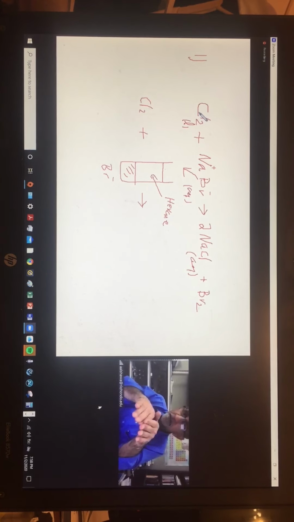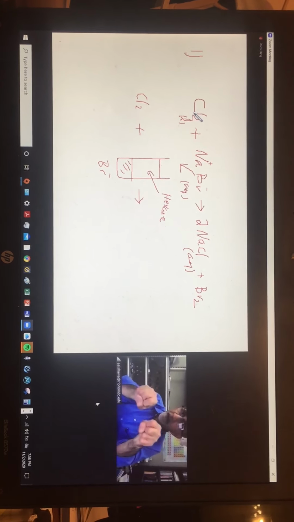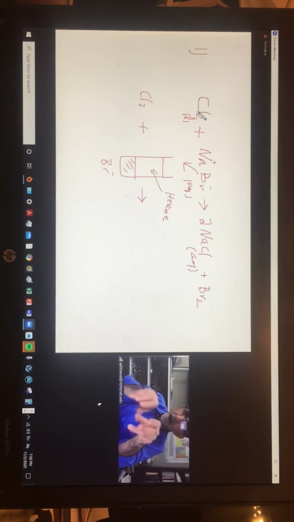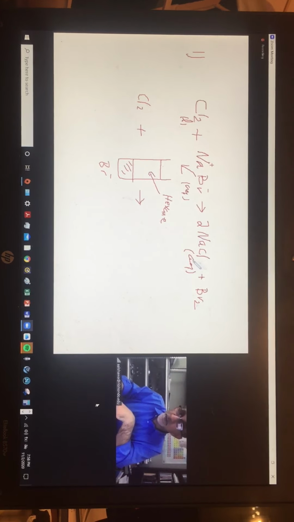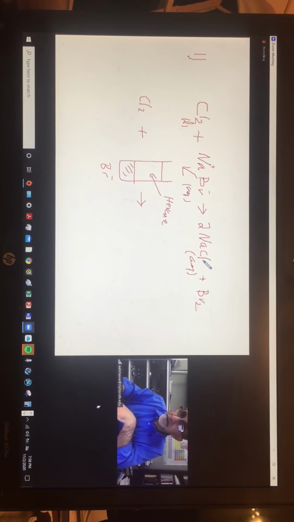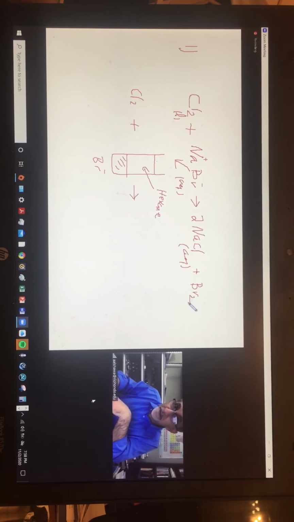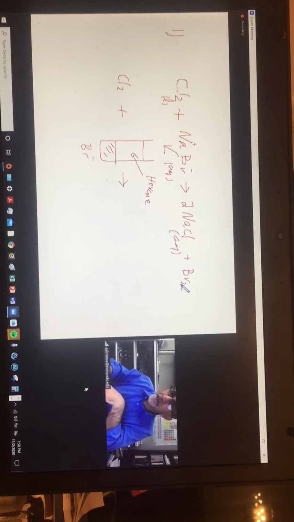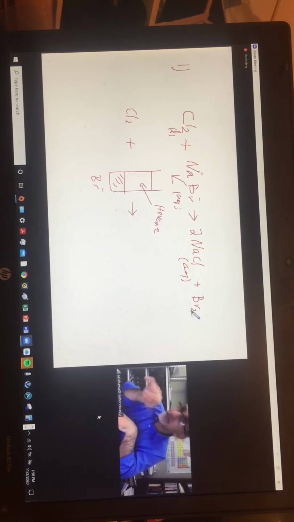If there's a reaction, the chlorine Cl2 will break apart as chloride and figure out its way near the sodium. The chlorine becomes chloride, but the bromide, the Br negative, becomes bromine. So the halide, the -ide, turns into halogen.